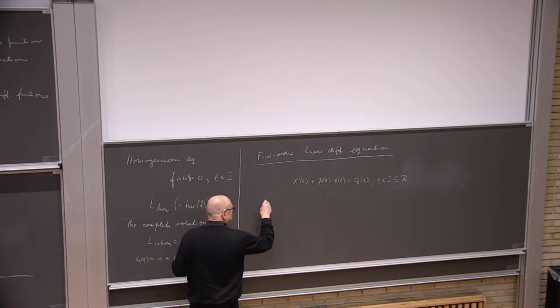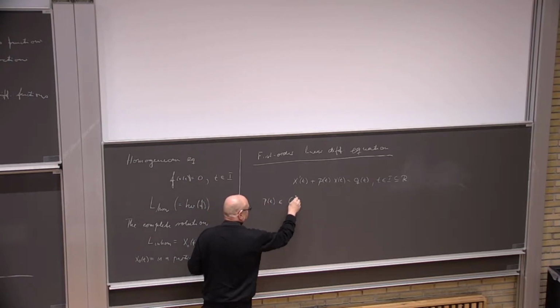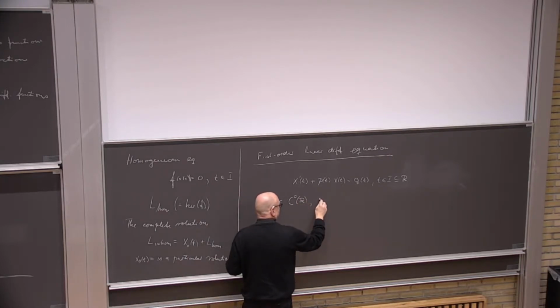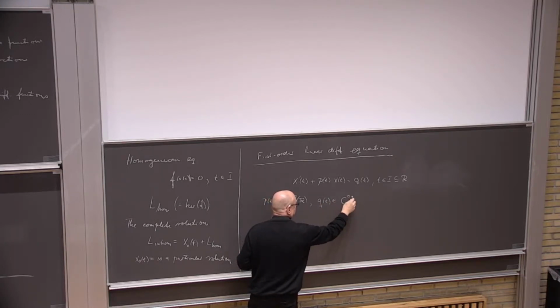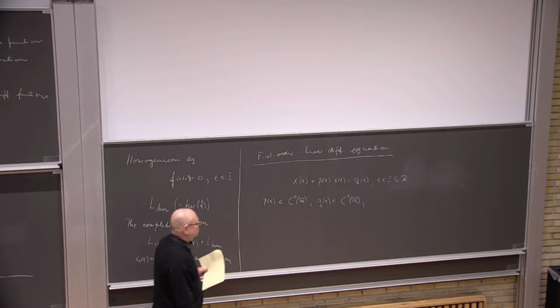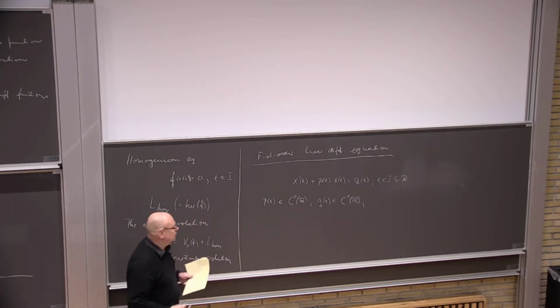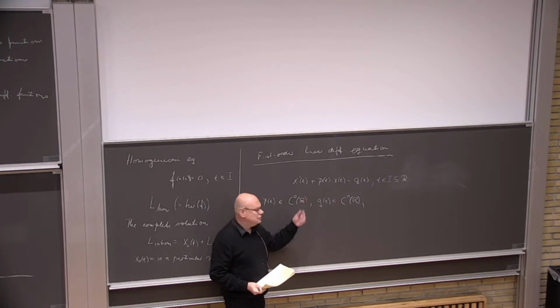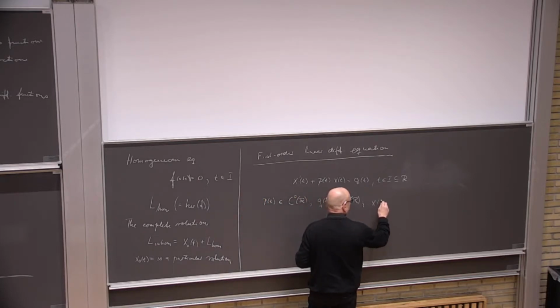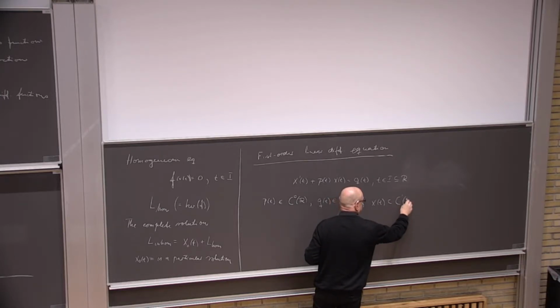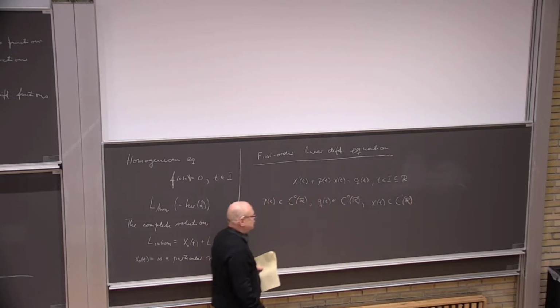Now, the function p of t is a continuous function, and so is q of t. x of t, of course, because you have to take the derivative of the function, must be at least one time differentiable.